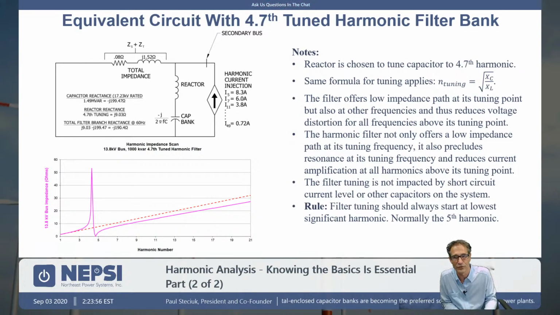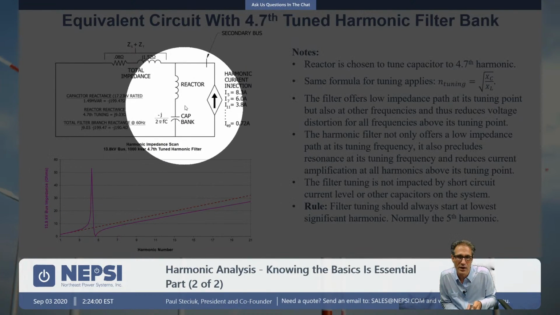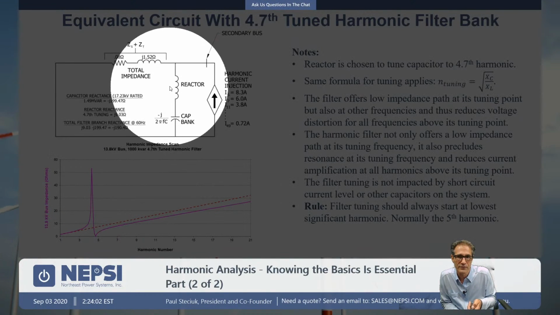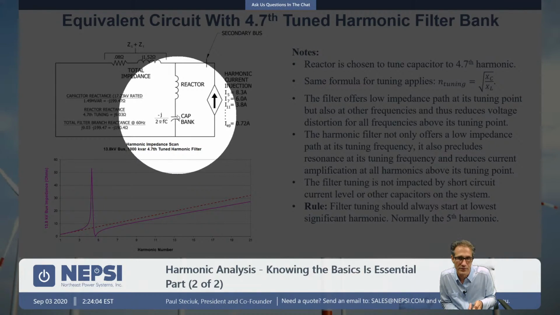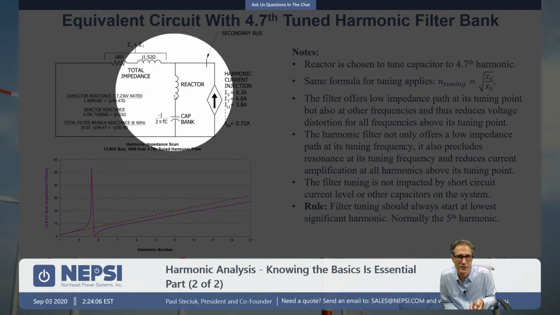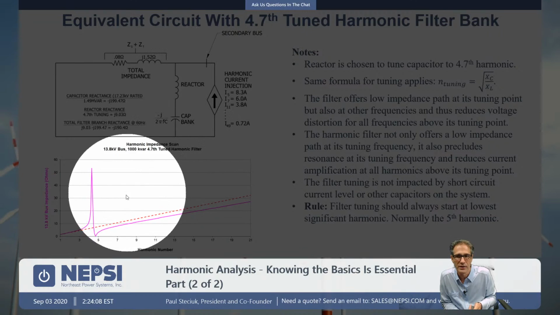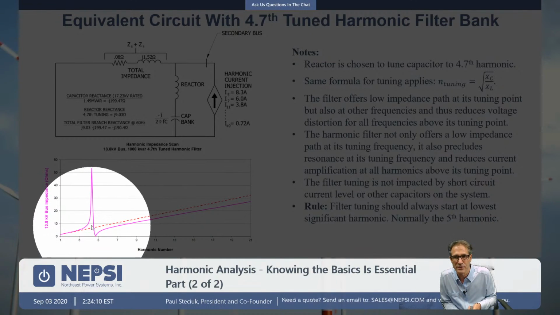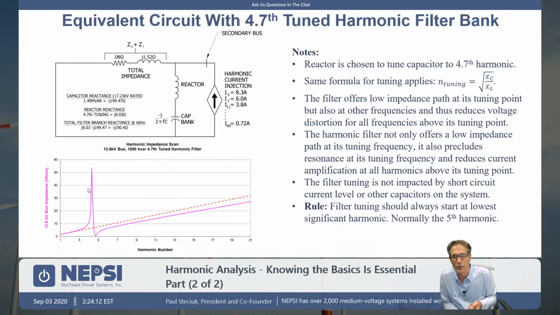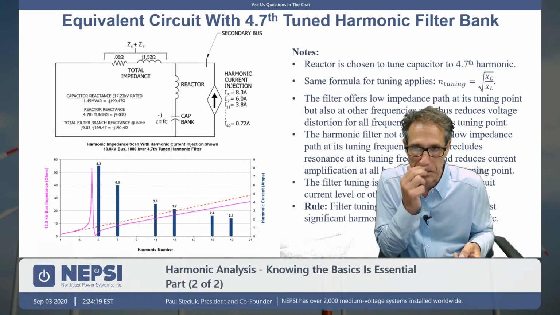So you introduce a resonance in the system. The key here, though, is that I've picked X of L and X of C and dictated that they are equal at the 4.8th harmonic, which means the resonance that I have will exist below the 4.8th harmonic.